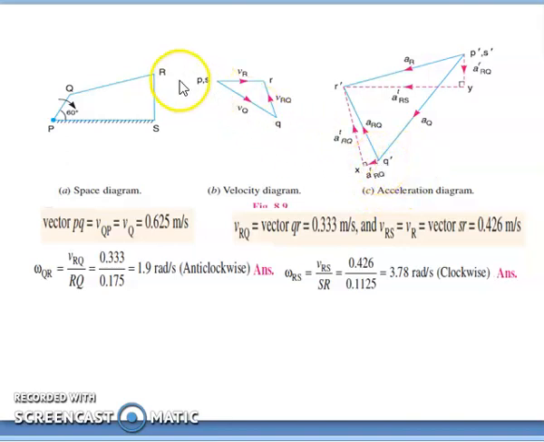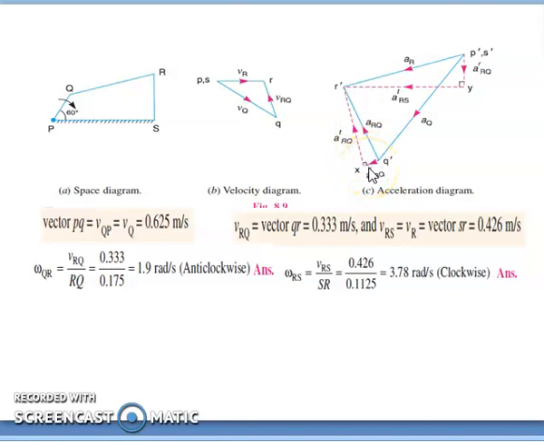Now regarding point R, it is going to rotate with respect to Q, and it has both a tangential component as well as a radial component. Since R is going to rotate with respect to Q, the velocity vector will be directed towards Q. So draw a line parallel to QR, arrowhead towards left.